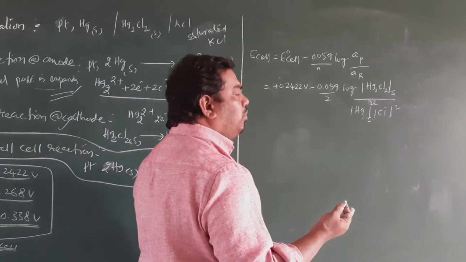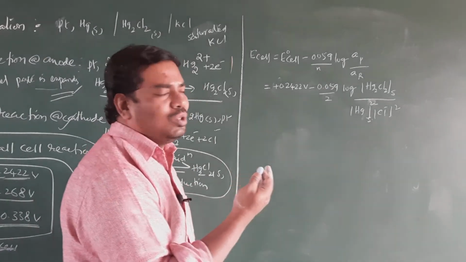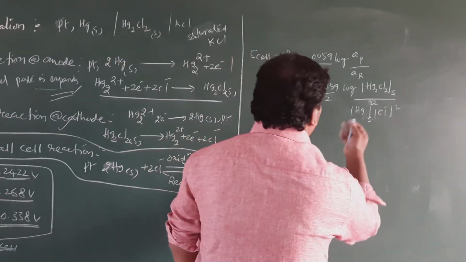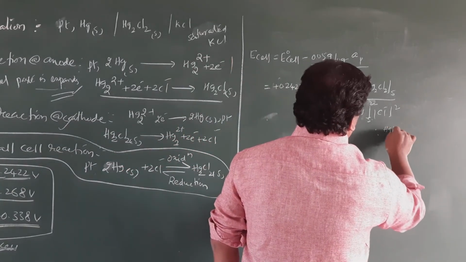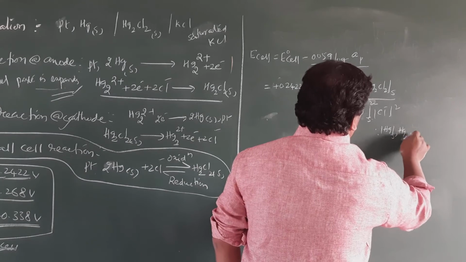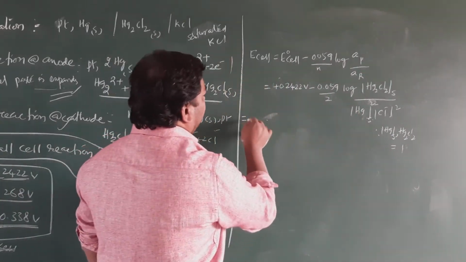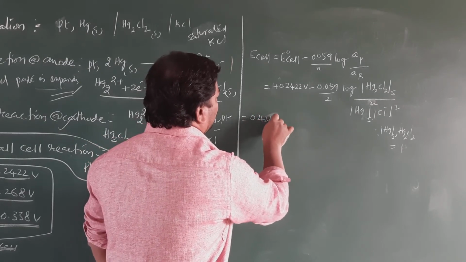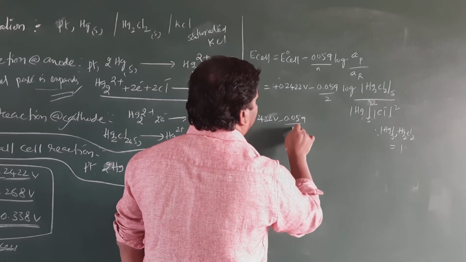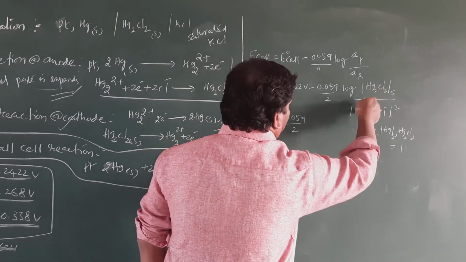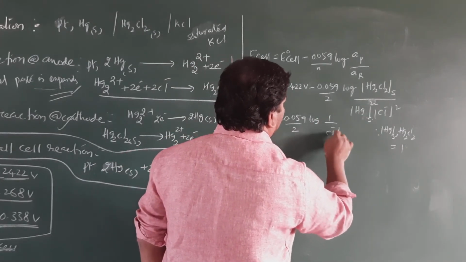We already know very well that if the components are present in the solid phase, we generally assume the value is equal to 1. So since Hg is solid and Hg2Cl2 is solid, we take them as 1. Clear, student? So that is 0.2422 volts minus 0.059 by 2 into log of 1 by Cl minus whole square.